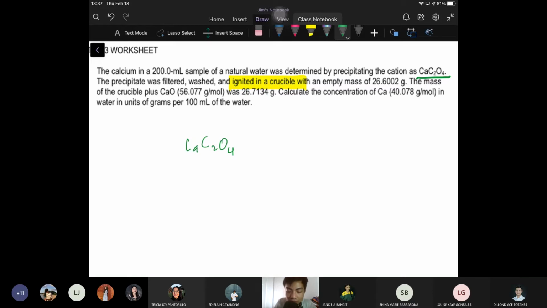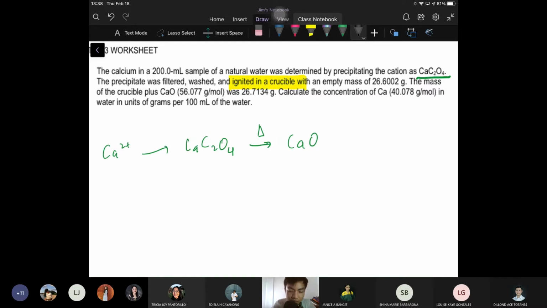We have calcium oxalate, then ininit yan. So, the purpose of that is to evaporate all the water and to convert our calcium oxalate to much more stable molecule, calcium oxide. So, mas stable to. Okay? So, bale, ganito yung flow chart natin. Calcium 2 plus, naging calcium oxalate, and then later on, naging calcium oxide after the ignition.